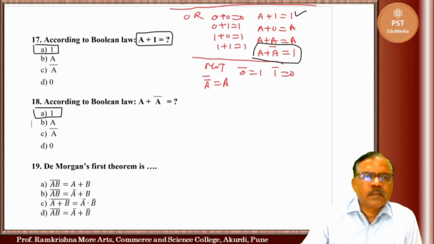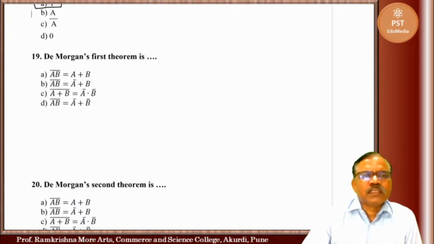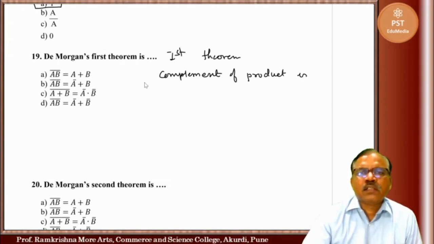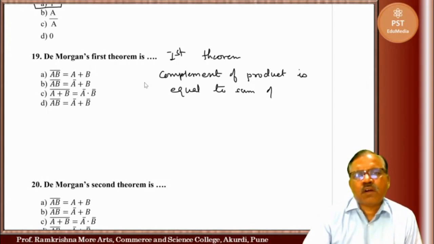Now De Morgan's first theorem is, so if we take the first theorem, complement of product is equal to sum of complements.